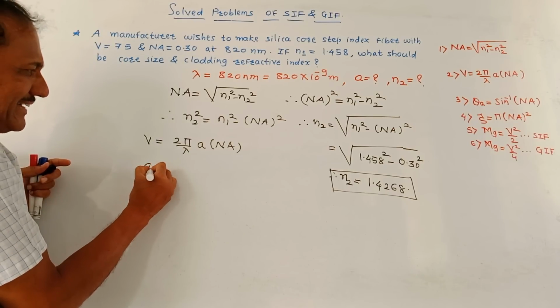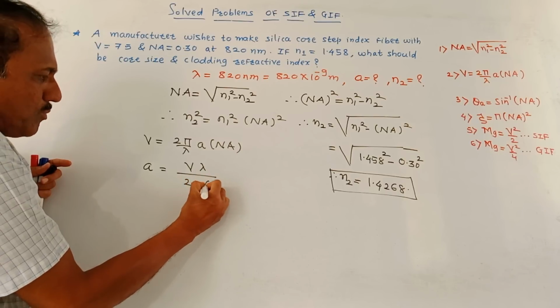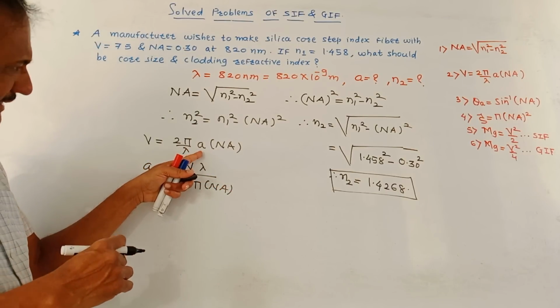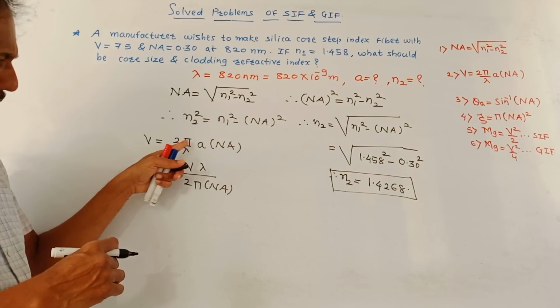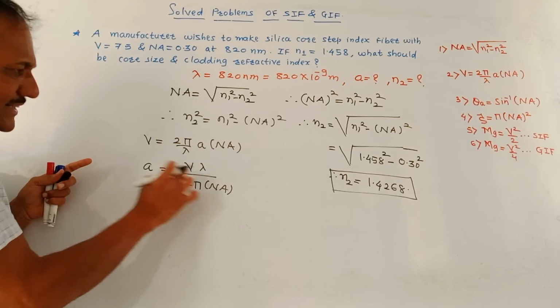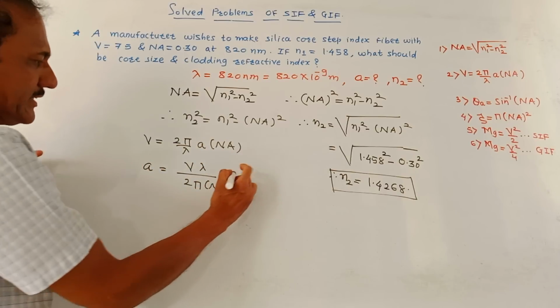So I will write it like this: A is equal to V lambda upon 2 pi NA. Very simple. I have kept A as it is. This entire term 2 pi NA upon lambda is transferred to the other side, so it becomes lambda upon 2 pi NA, and then LHS and RHS are interchanged.